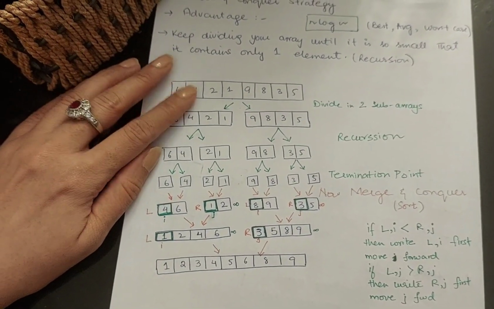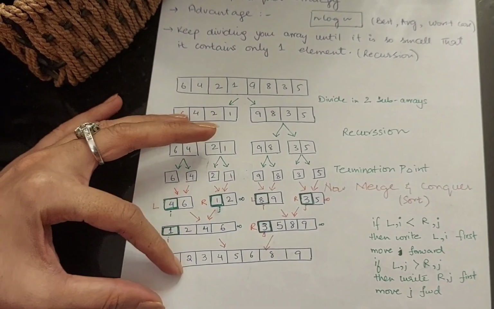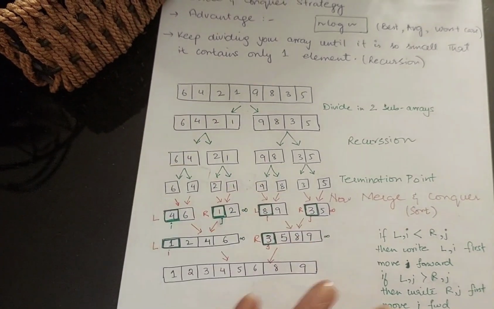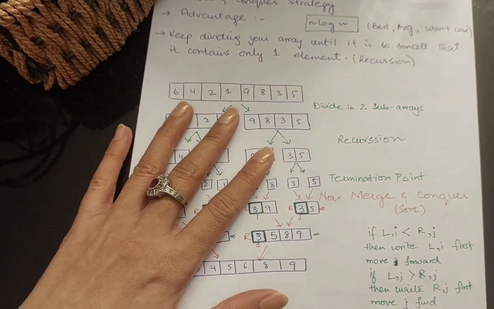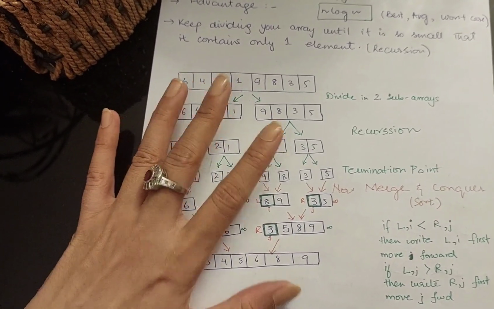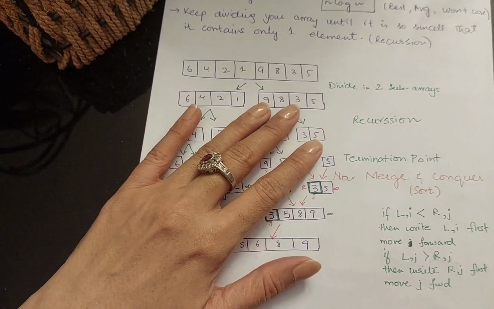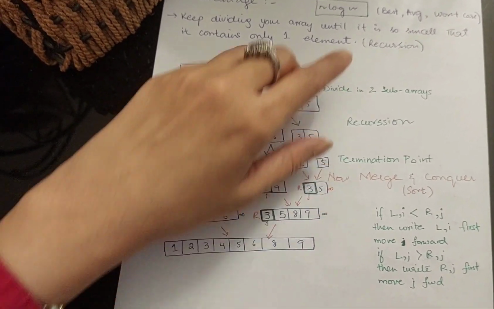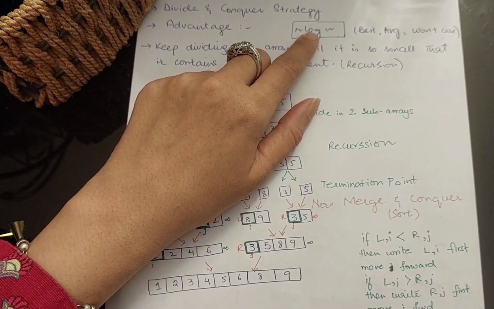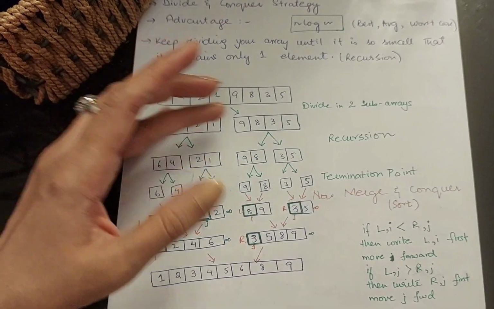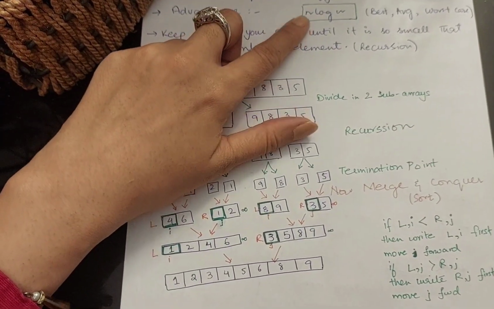The elements which were very random, you can see that now this is small, and you can see that it is in the ascending order. You need not compare each element with each element. In fact, you divided them into two parts. That is why the complexity is log of n, because you performed division. And why is there an n?